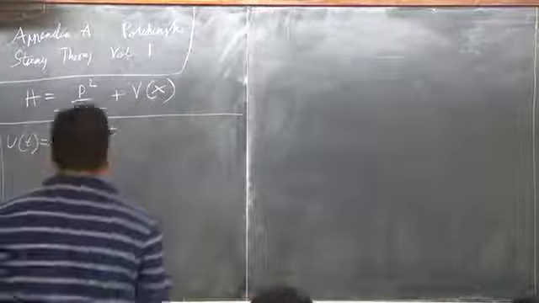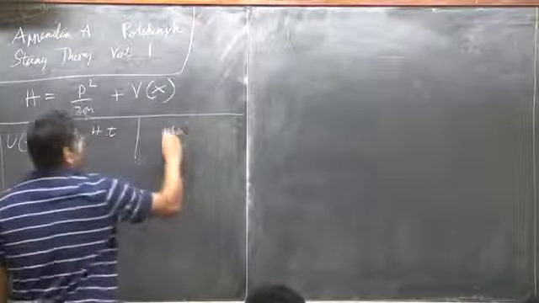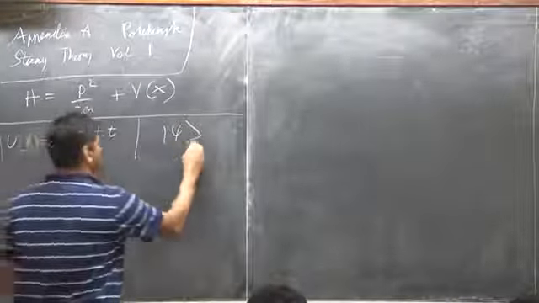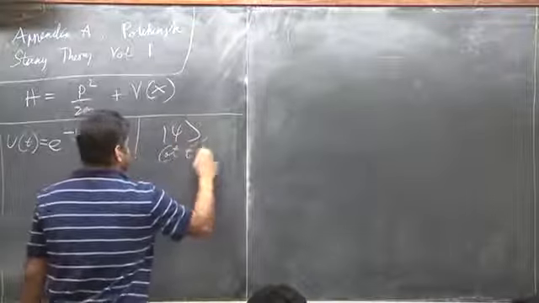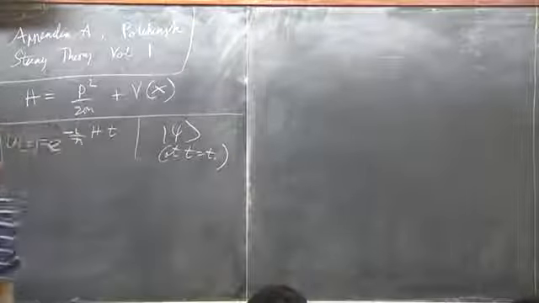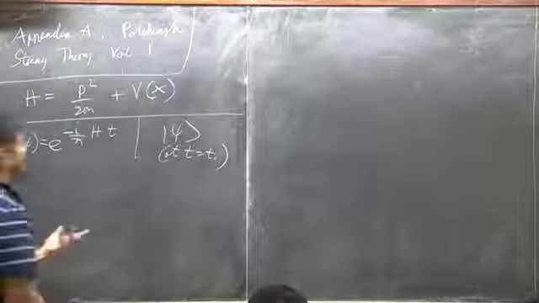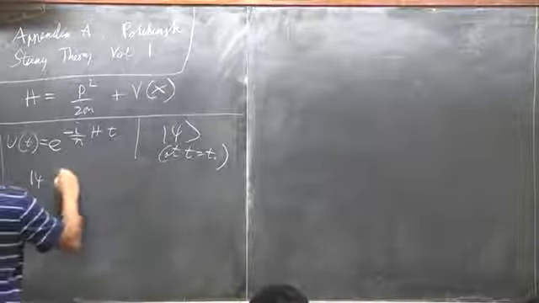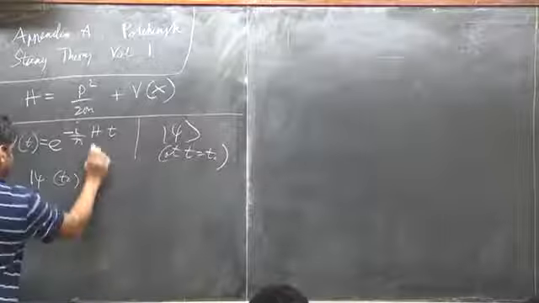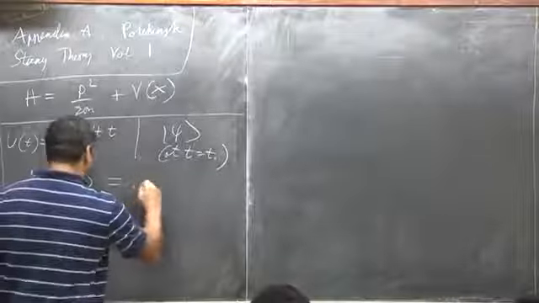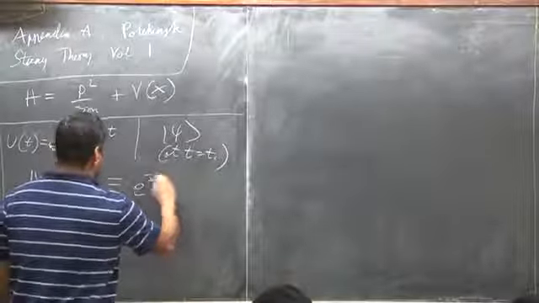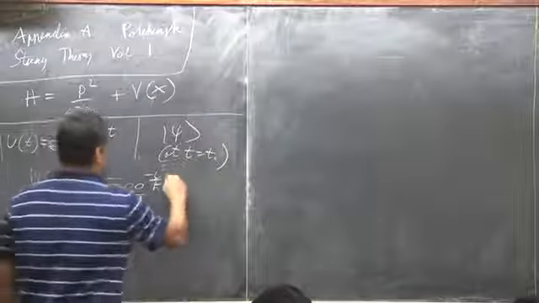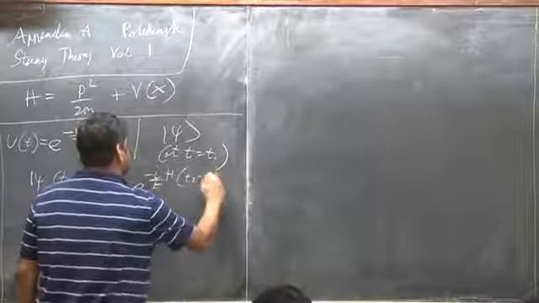Suppose you know your state, psi at t1, and you want to know what psi is at t2. The answer to that question, as all of you know, is e to the power minus iH times (t2 minus t1), solving the Schrodinger equation.